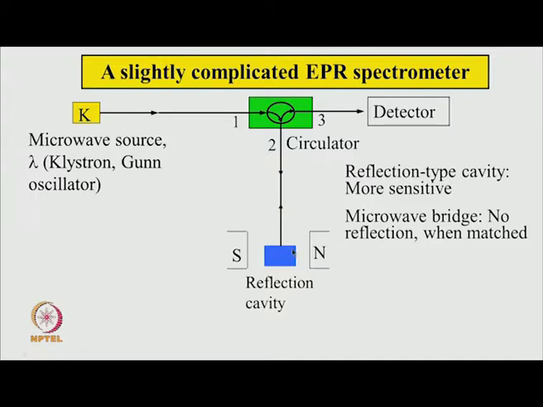Now, we have seen that this reflection cavity forms a standing wave, and we can adjust the microwave frequency such that it forms a standing wave and reflection from the cavity is minimum.